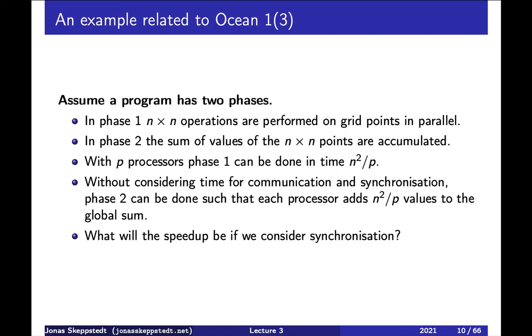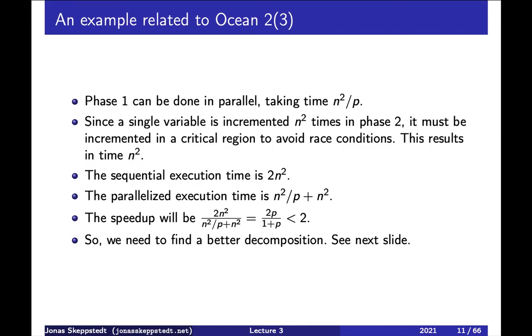But if we also consider synchronization, if we have a variable that we accumulate to, then there will clearly be a data race. That is a bit of a problem because there are n squared such increments, and they must be done in a critical section, so the performance will be terrible.